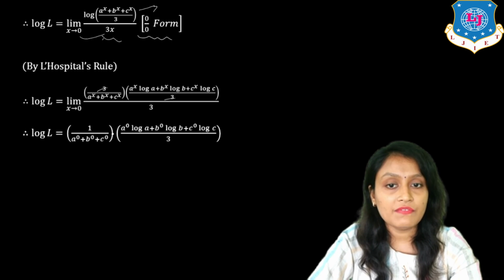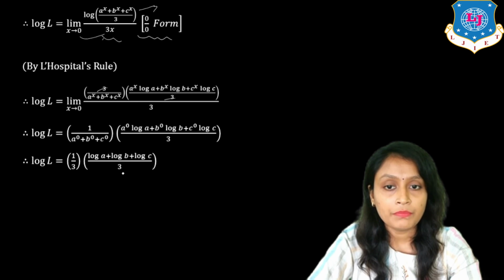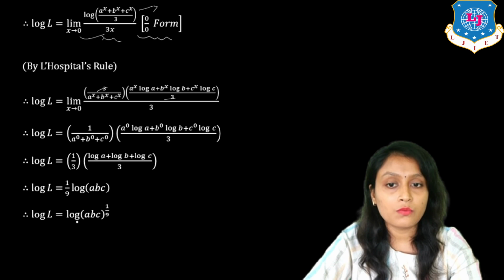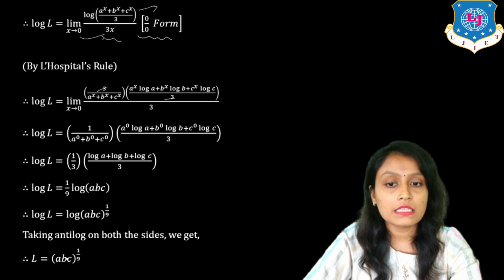On simplification, you will get 1 upon 3 into (log a plus log b plus log c) upon 3. Now apply the log formula, so you will get log abc, and this 3 into 3 will give you 9. So log L equals log (abc) raised to 1 upon 9. On taking antilog on both sides, you will get L equal to (abc) raised to 1 upon 9.